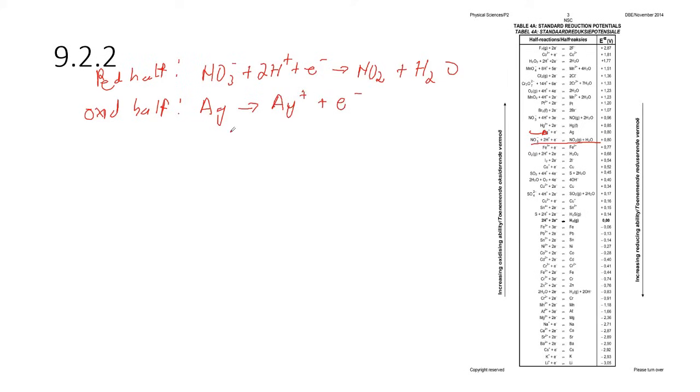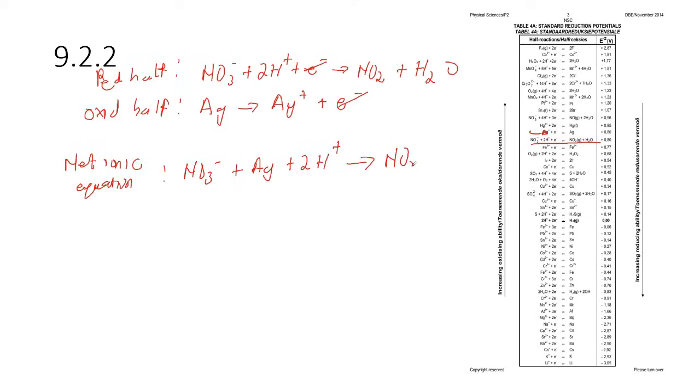So now, having to write the net ionic equation, this would look like this. The electron here and the electron here will cancel out. So we'll have NO3 minus plus Ag, and then plus 2H plus, to give us what?